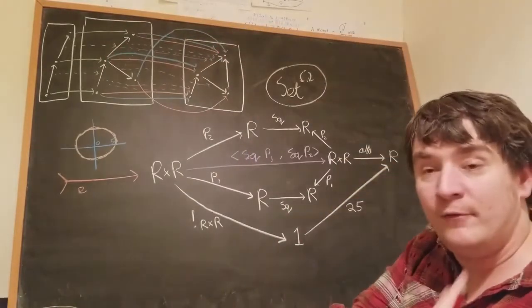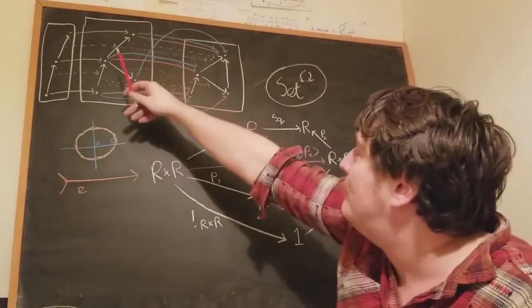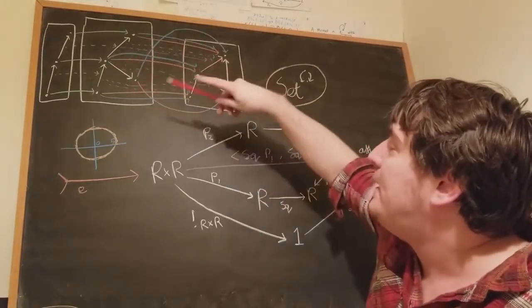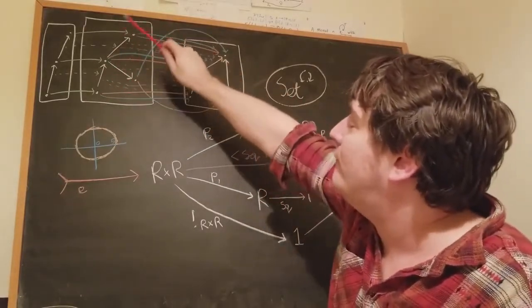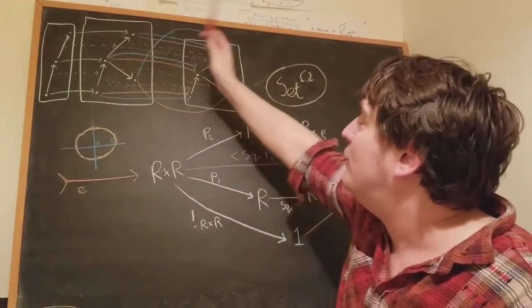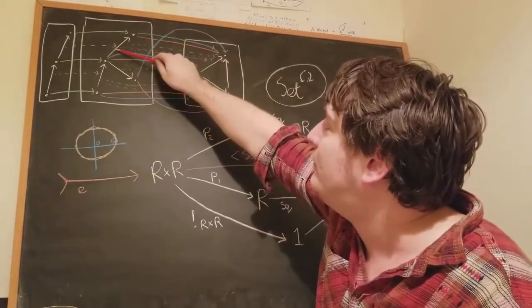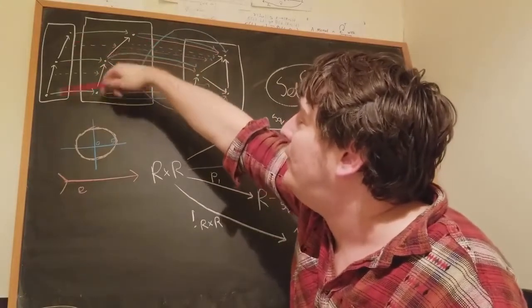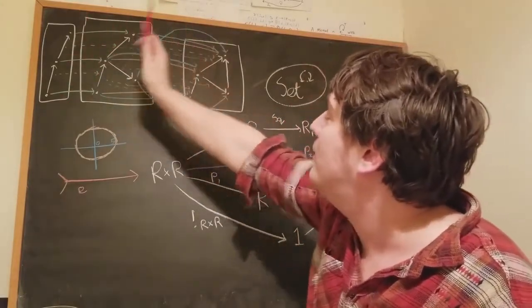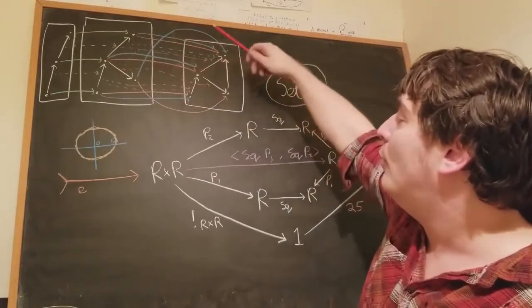And so then the equalizer of these two is simply the subgraph of this structure where these two mappings agree, which is just going to be these three vertices and these two edges. So this is the equalizer of this red and blue graph homomorphism.